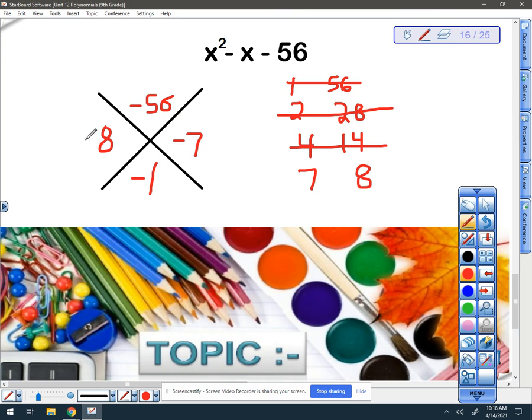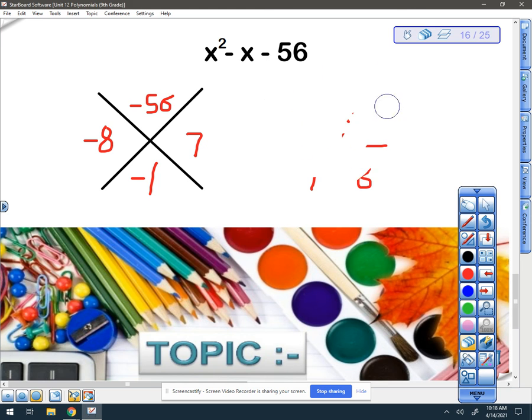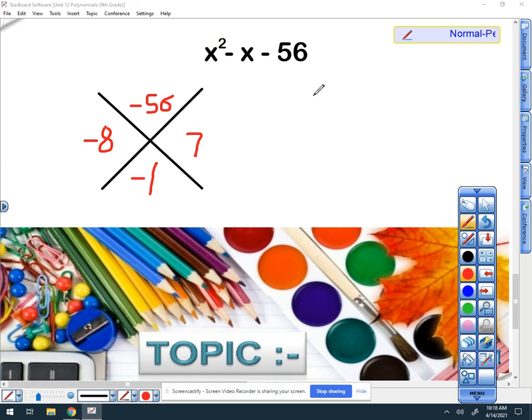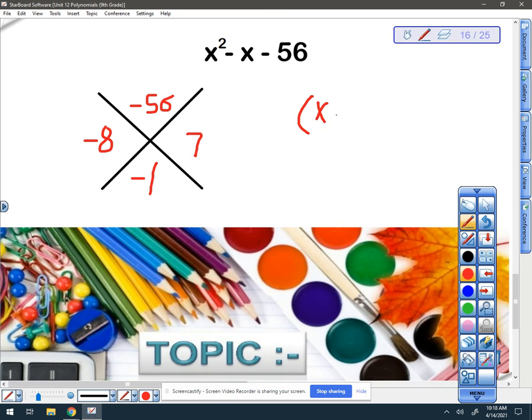So then you got to be like, okay, let's switch it, make that the negative, and make this one the positive. And then negative 8 plus 7 is negative 1. So trial and error, figure out what you should have, and then you have x minus 8, x plus 7.